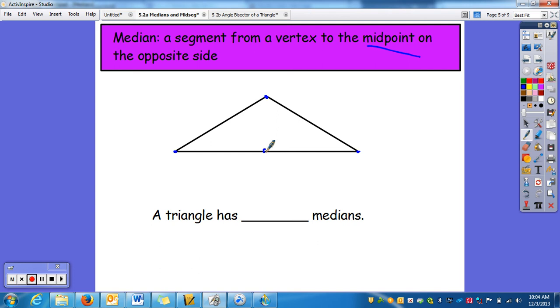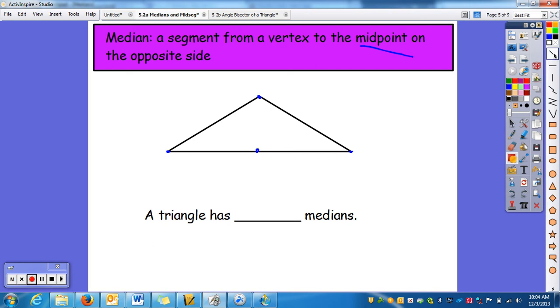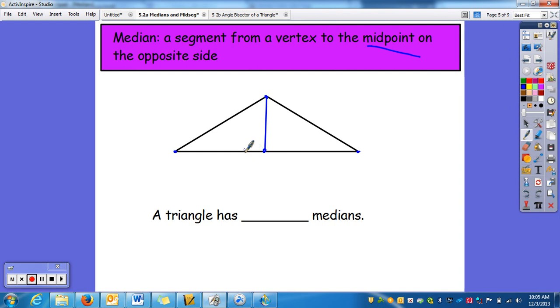I find the midpoint over here, and then I can draw my median. Alright, so this is a midpoint, so this side gets cut in half. So the question here: how many medians does a triangle have? Well, if I go from every vertex to the opposite side, there are 3 medians.